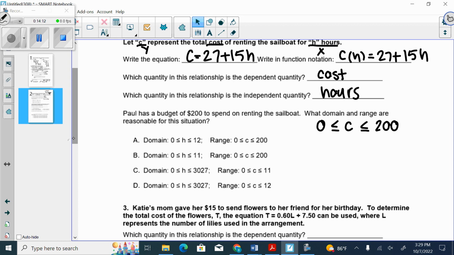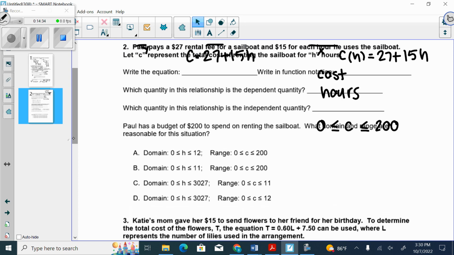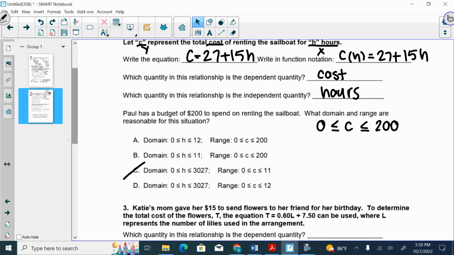So we already know this much, which is going to eliminate which answer choices. So which one doesn't have 0 is less than or equal to C is less than or equal to 200. C and D, very good. So we can go ahead and mark out C and D, right?